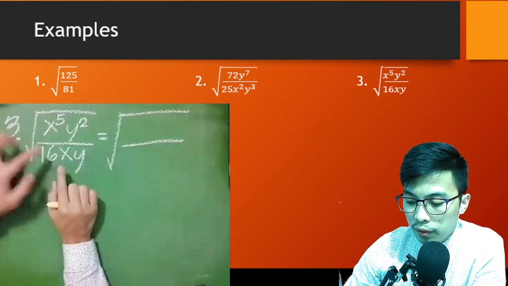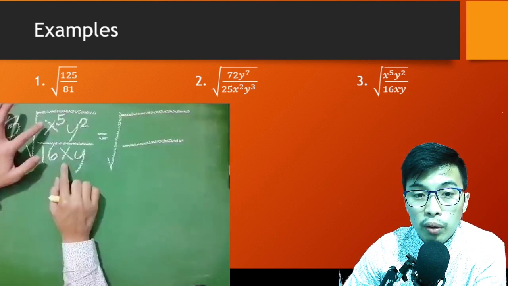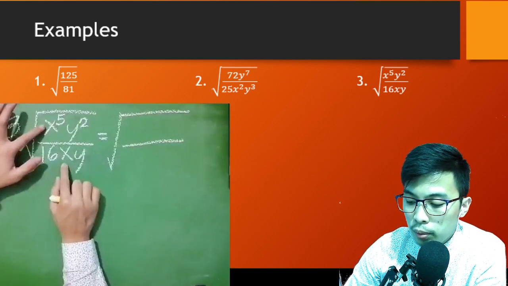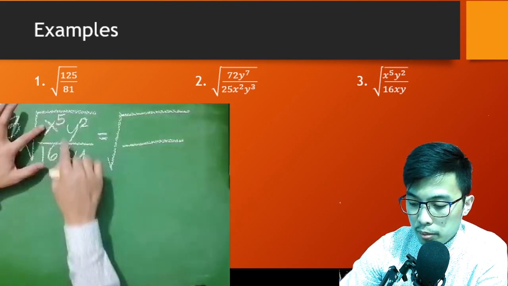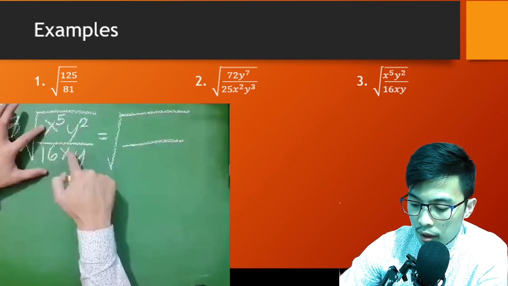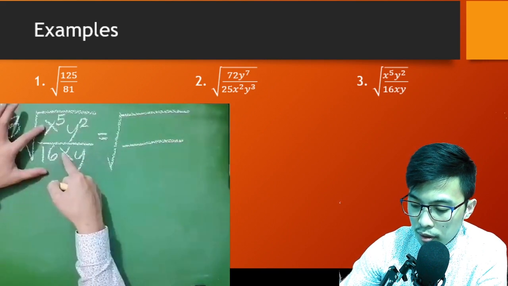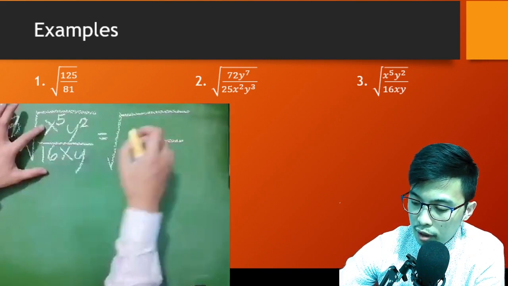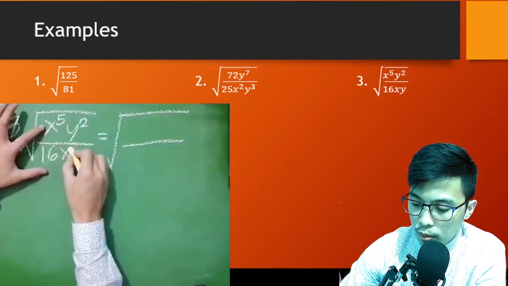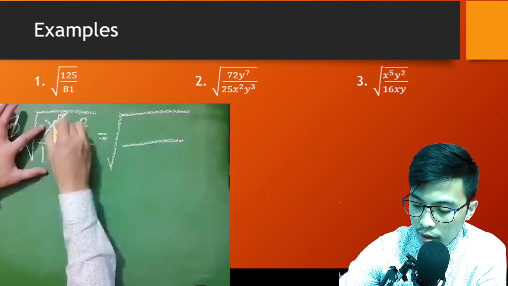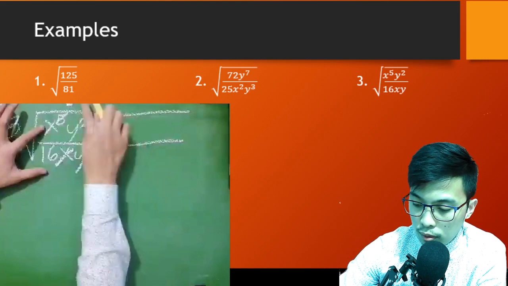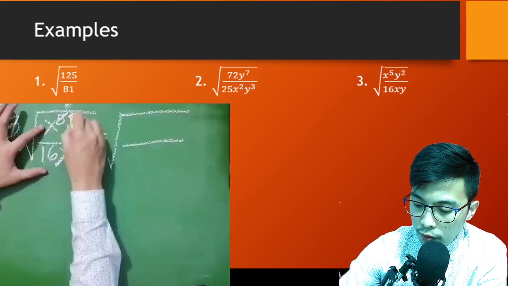Okay, so for this we just use again the quotient rule for the laws of exponents. If we are dividing any number or any variable, all we have to do is subtract their exponents. So this will be 5 minus 1. So ma-eliminate na yung x dito. So this will become 4.